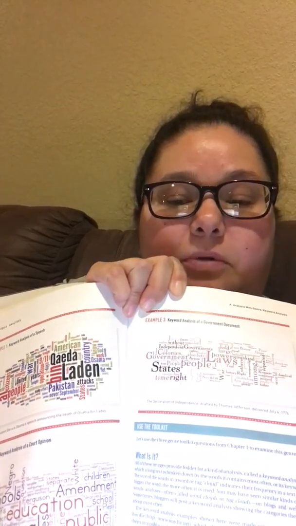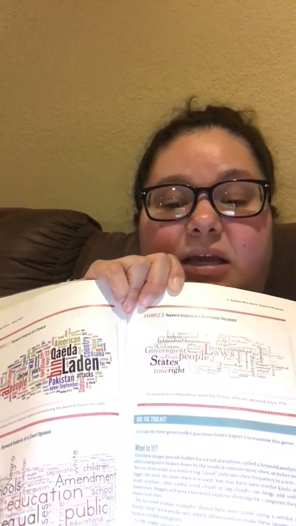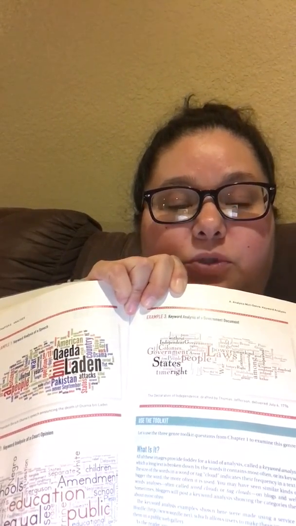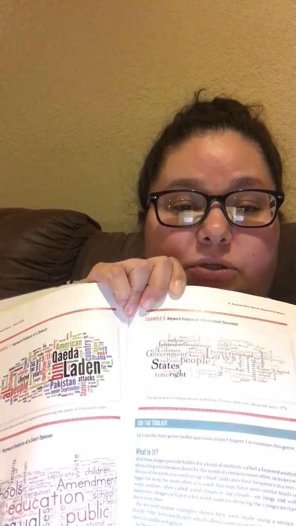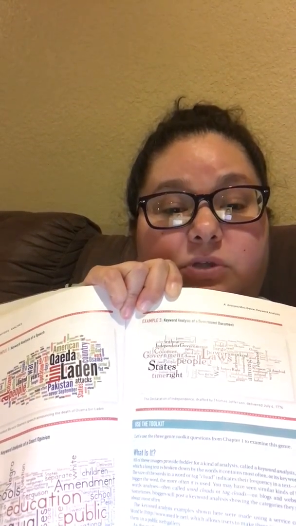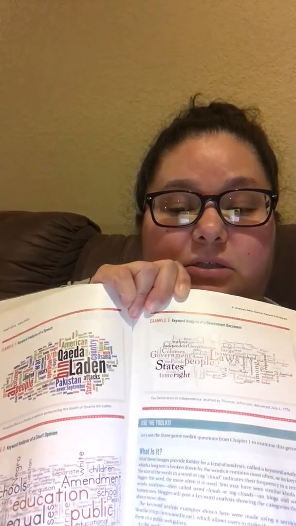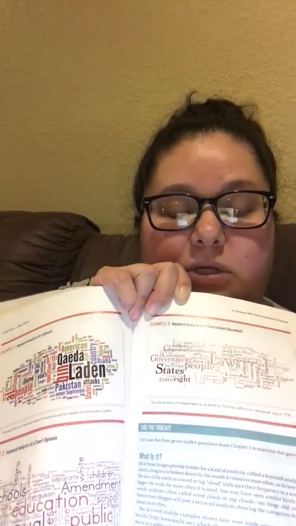You may have seen these before. Basically, it breaks down a speech or any type of text, and it tells us which words are the most important and which are the least important by giving us the words that were mentioned most often in the bigger words and the words that were mentioned less often in the smaller words. So you may want to look at that to get an idea of what a keyword analysis is.